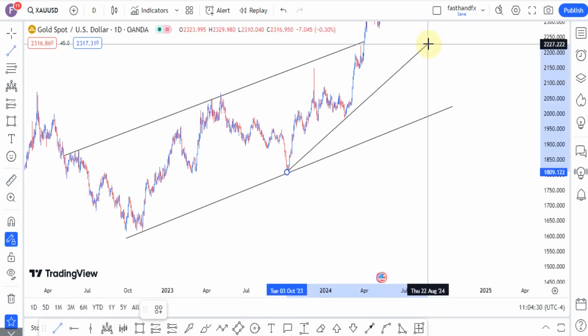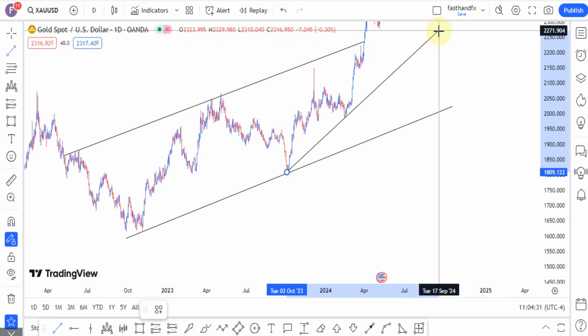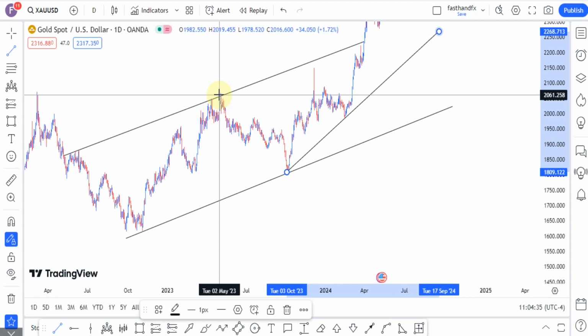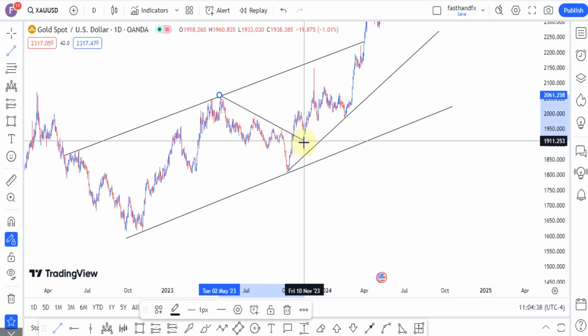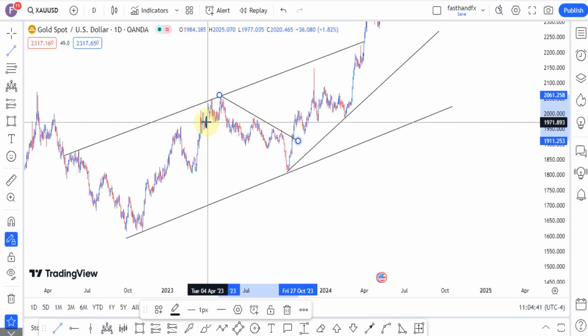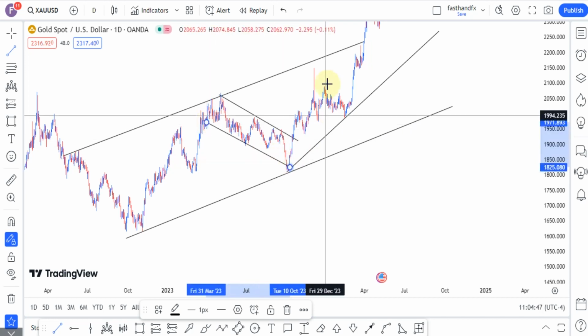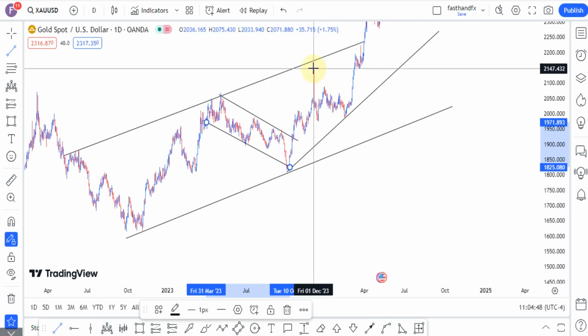The market gave us this one. It's still an uptrend. We had these. So these are what we call trend lines, guys.